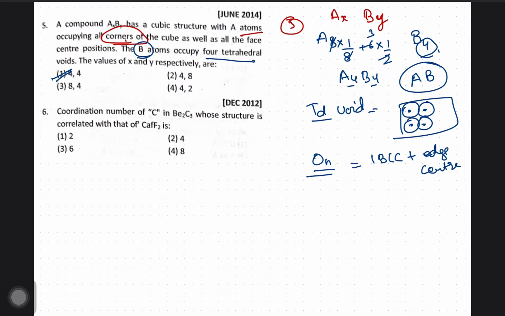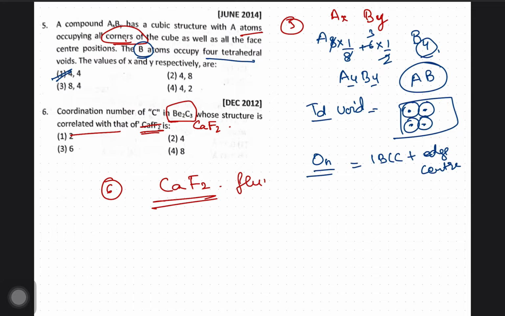Now sixth question, the coordination number of C in this, whose structure is correlated to that of calcium fluoride. Now we know that in calcium fluoride, calcium occupies all the FCC positions, and fluoride, this is the positive part, this is the negative part, right?